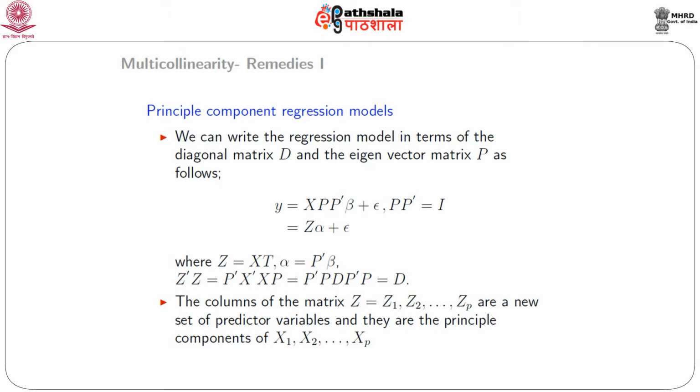So we can write the regression model in terms of the diagonal matrix D and the eigenvector matrix P by replacing x prime x by P D P prime.